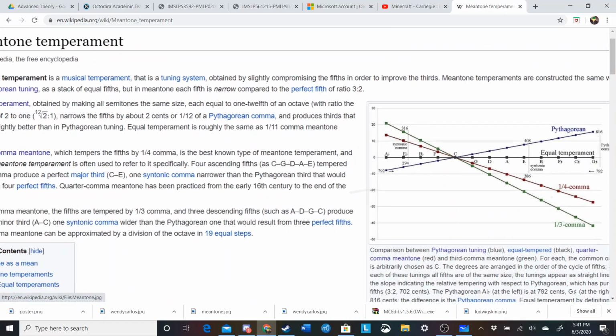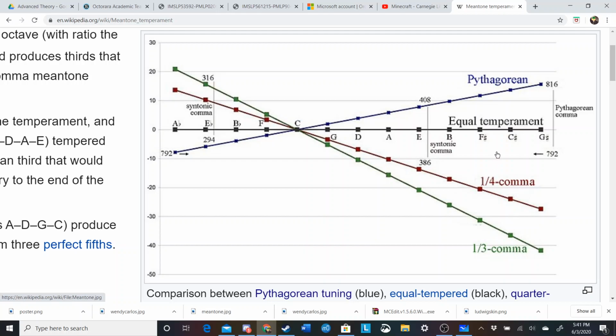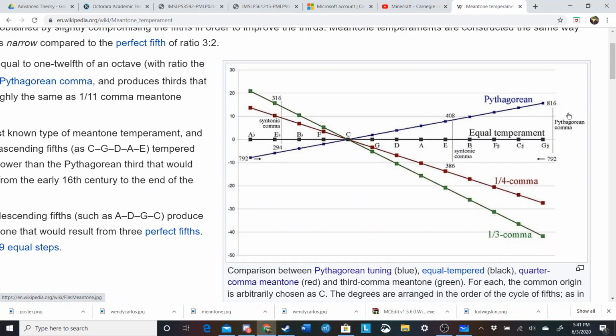So you guys see this picture right here? So this picture basically gives you, in black, equal temperament. And each of these lines represents how far each note drifts off from equal temperament as you stack fifths. So as you can see, Pythagorean tuning goes a little sharp.